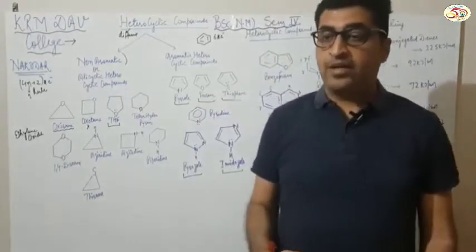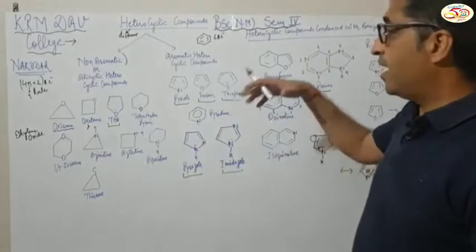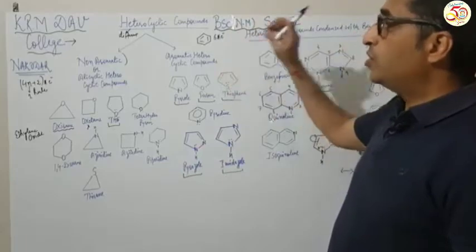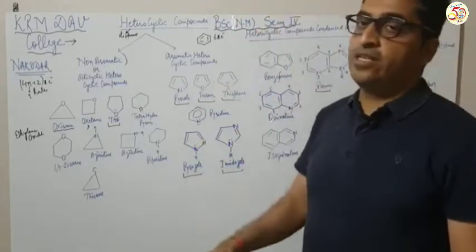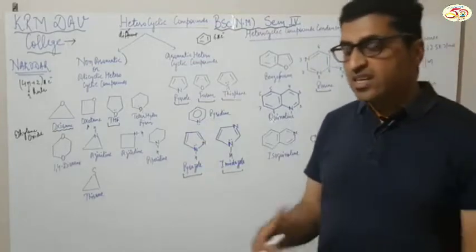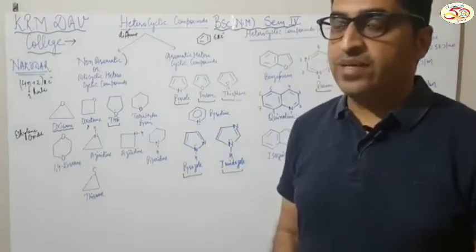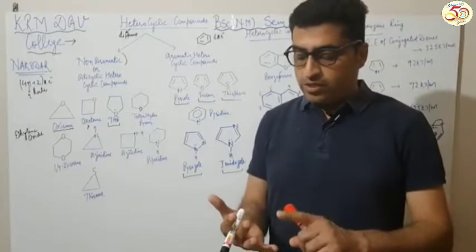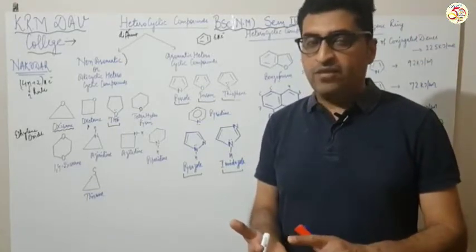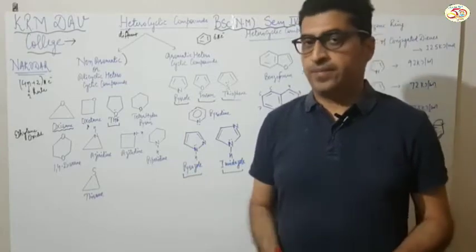Now here, since this is a higher class, we are going to teach you aromaticity through heterocyclic compounds. So if we consider our syllabus, we have basically 4 molecules. One is pyrrole, second is furan, third is thiophene, and fourth one is pyridine.